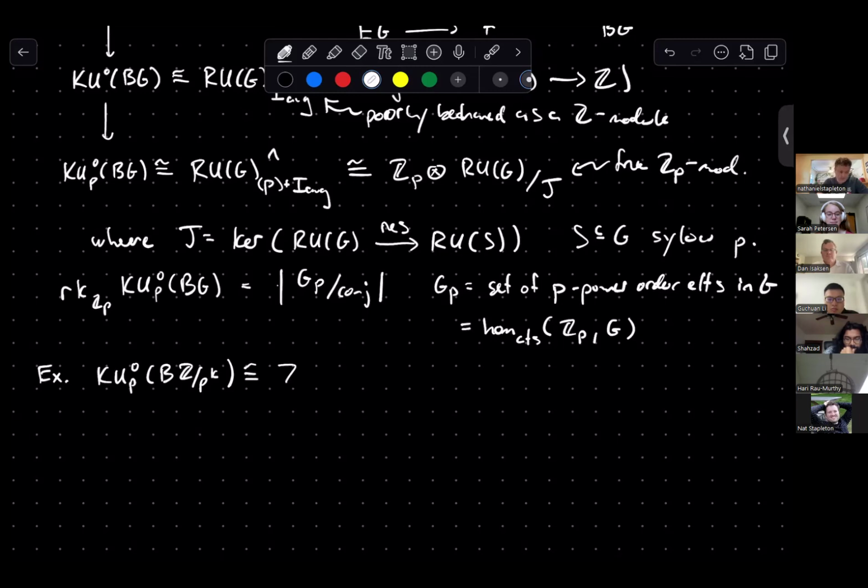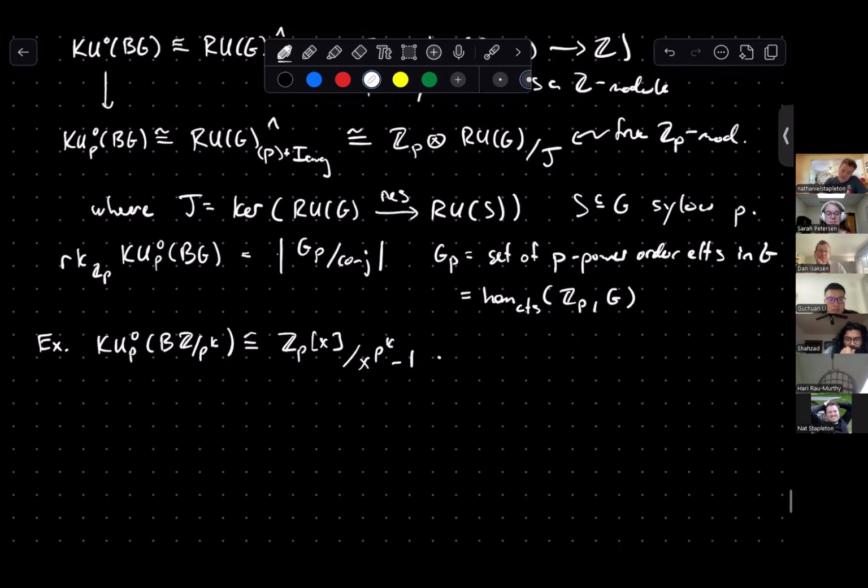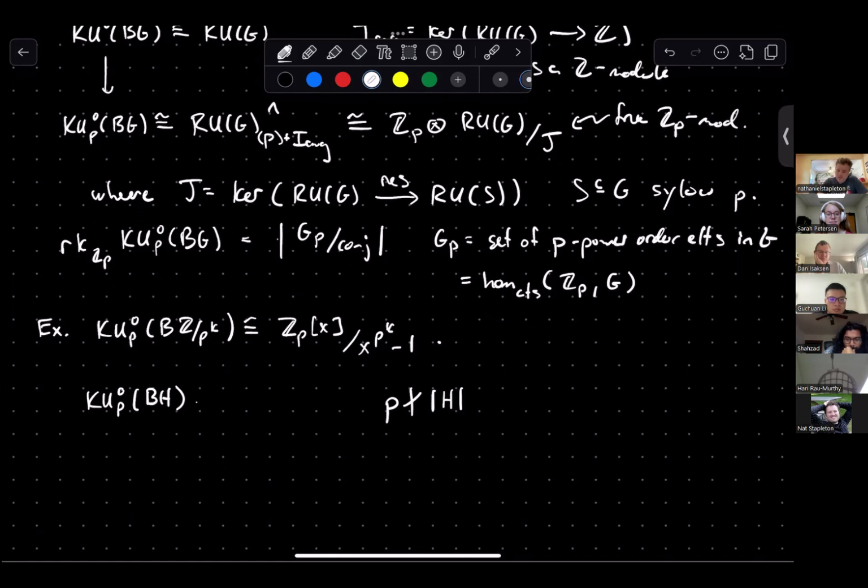And so this is just ZP adjoin X mod X to the P to the K minus 1, using our previous calculations of the representation rings of cyclic groups a few lectures ago. And on the other hand, if I take the p-adic K-theory of BH, where P does not divide the order of H, then this is just ZP. So from the perspective of p-adic K-theory, BH is equivalent to a point.